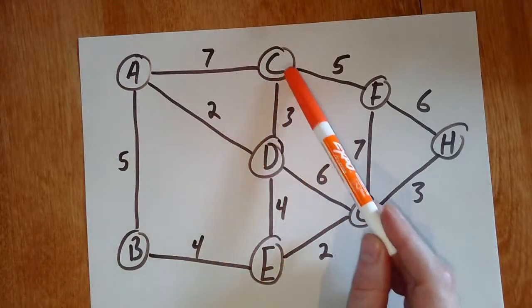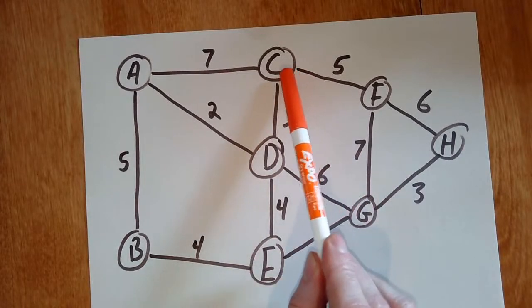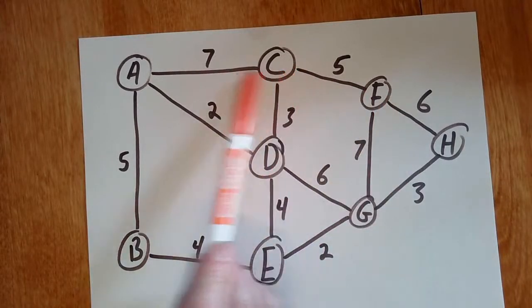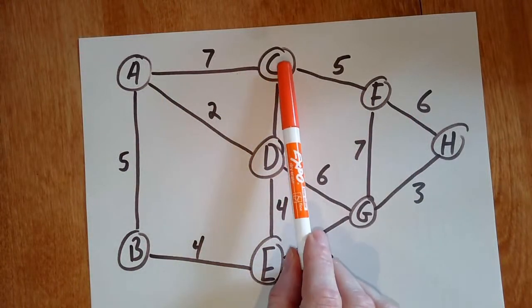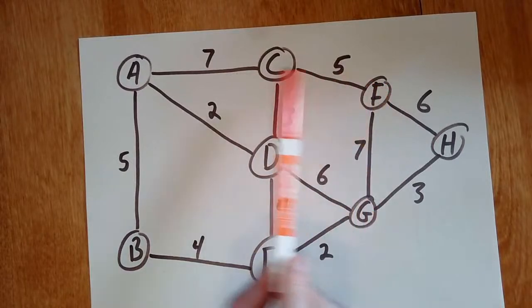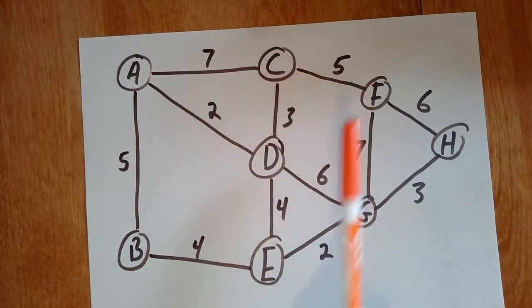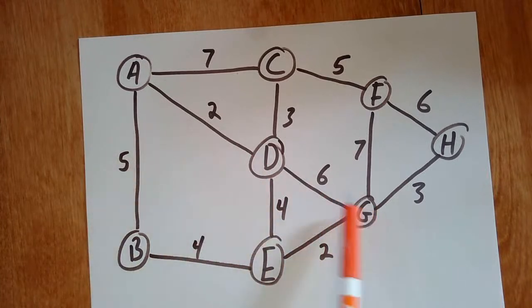So we might go to C, and then from C, the only one that we're really considering, I mean, we can look at these other costs, right? Everything that C is connected to, and we can start creating these stepwise estimates of the cost as we build out the graph.